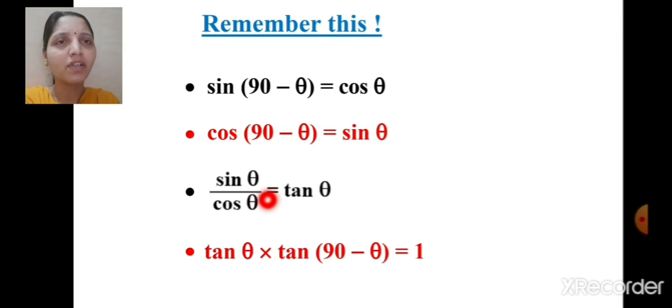Then we have learned that if you divide any sine ratio by cos ratio, then you will get tan ratio. Okay, so you will get here tan theta. Similarly, if you multiply tan theta into tan 90 minus theta, then you will get the answer as 1. So these are the important formulae you should remember.